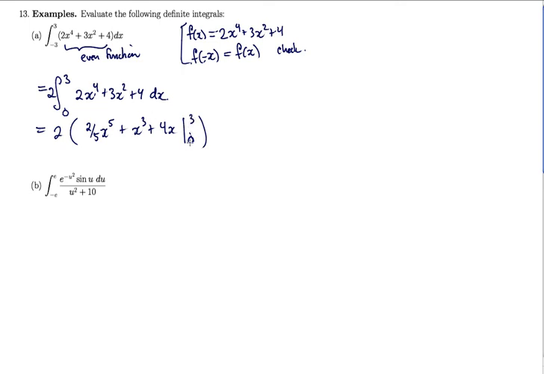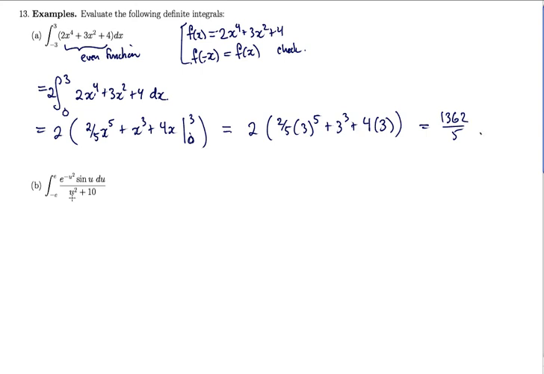But since one of the limits is 0, I effectively can ignore it, because everything just becomes 0 anyway. So this is 2 times (2/5 times 3 to the 5th plus 3 cubed plus 4 times 3), which is 1,362 over 5.